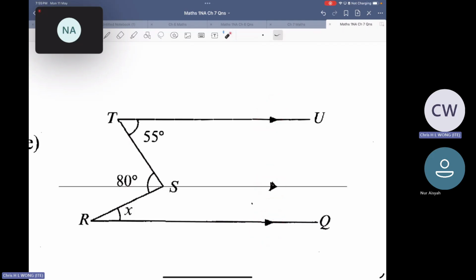This is very important, to show that they are parallel. So how do you name them? Let us name them.